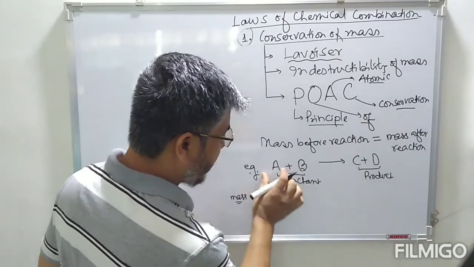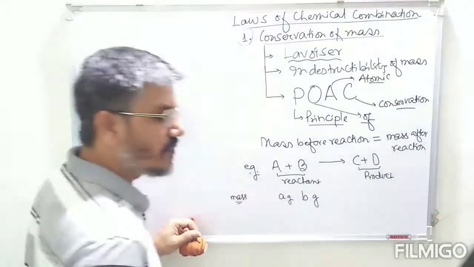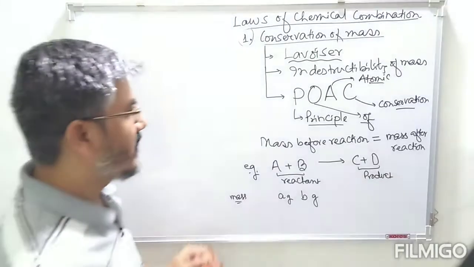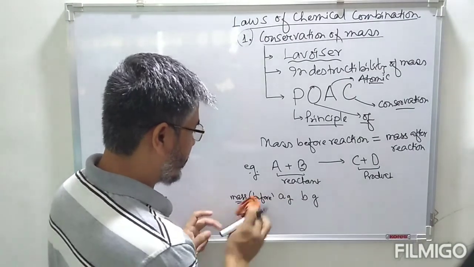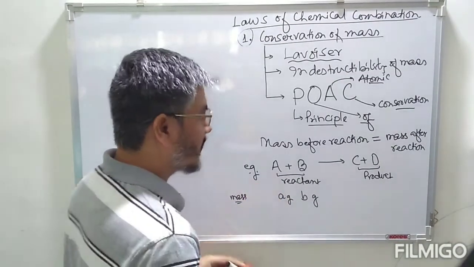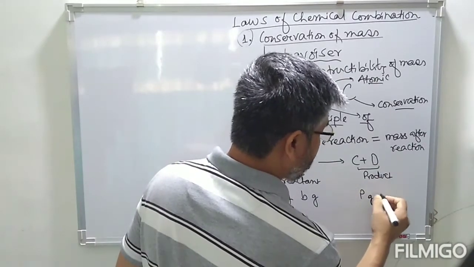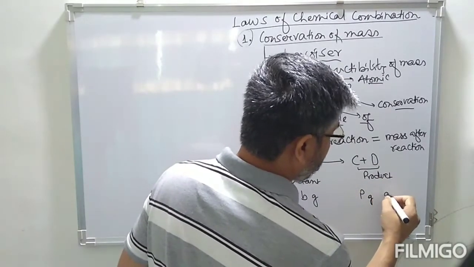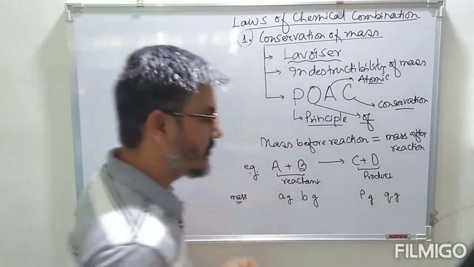Means A gram of A is made to react with B gram of B reactant. And after the reaction, some P grams of C and Q grams of D is formed.